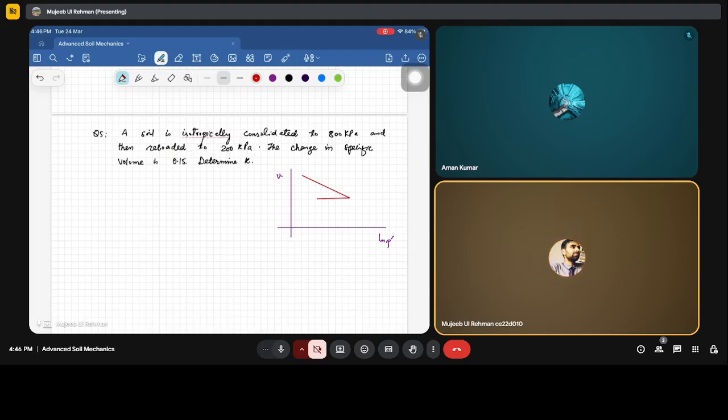Let's assume it's a P naught condition, some stress state we don't know. From here you take it to 800, and from 800 it is swelled or reloaded to 200 kPa.